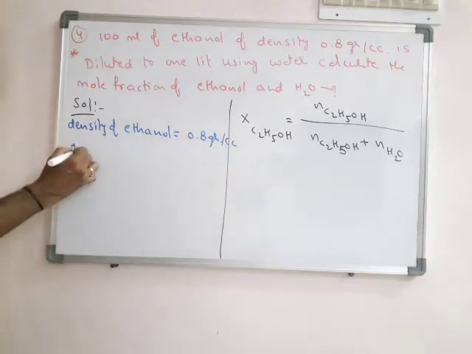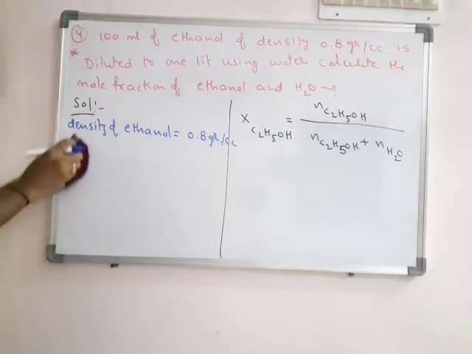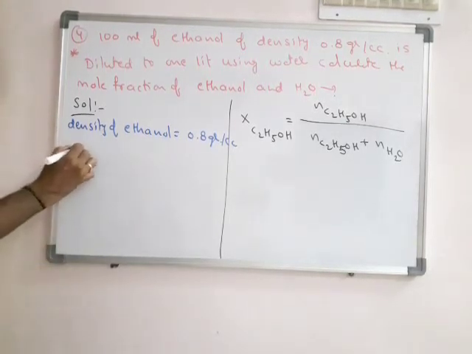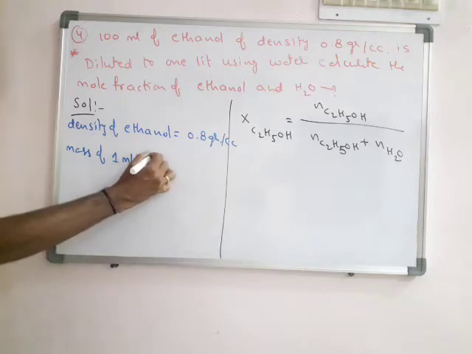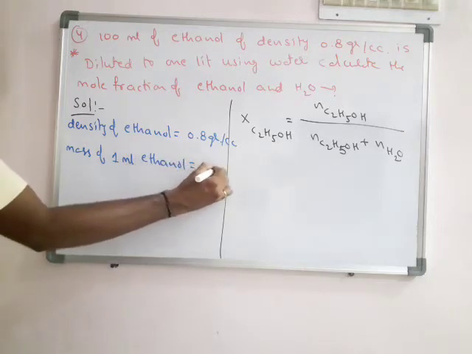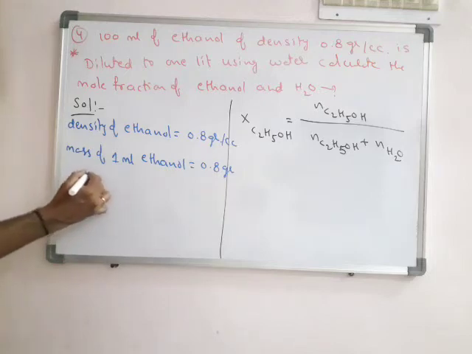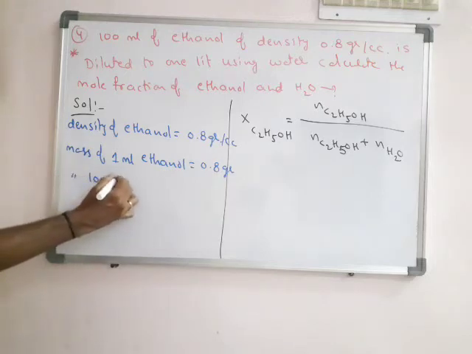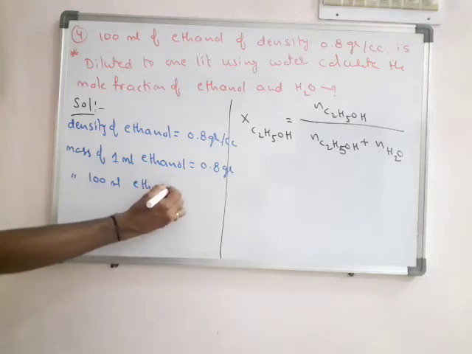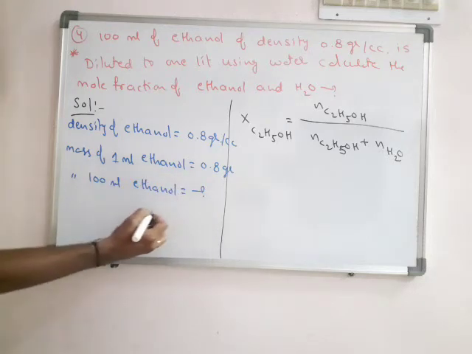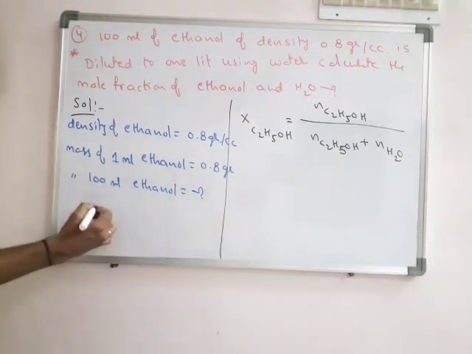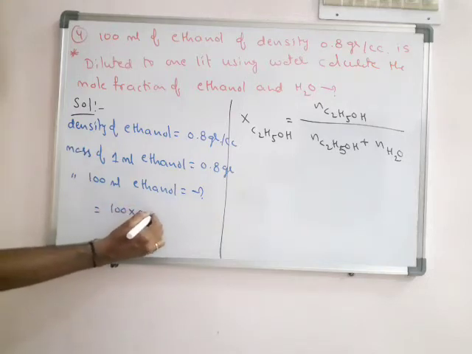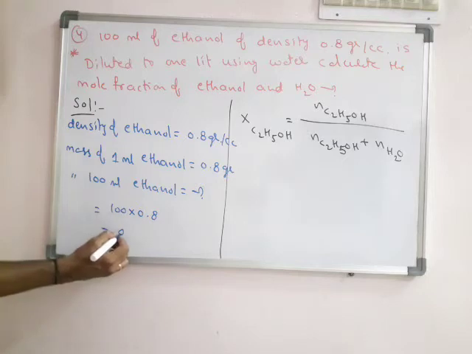So it indicates that the mass of 1 milliliter of ethanol is 0.8 gram. Then the mass of 100 milliliter of ethanol is 80 grams of ethanol.